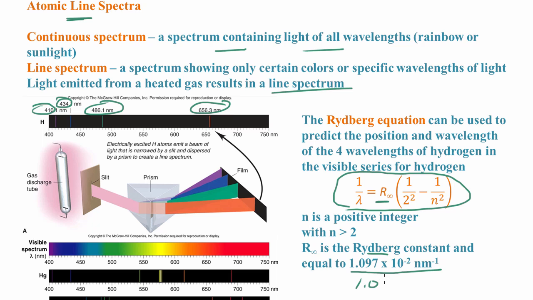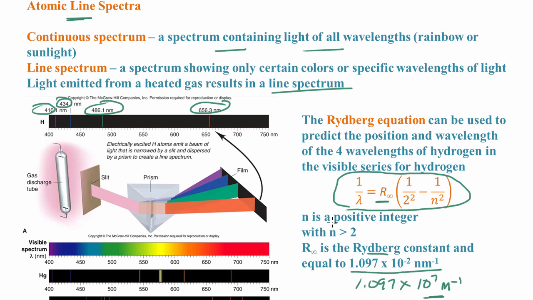Another way that you'll see this in other textbooks is 1.097 times 10 to the 7th reciprocal meters, okay? But in your book, they're using nanometers. In most other books, I see meters used. So I'm going to follow your book.